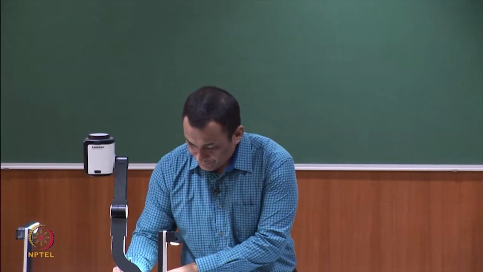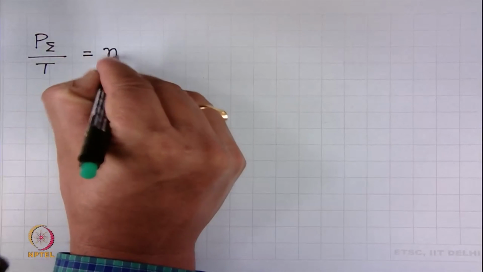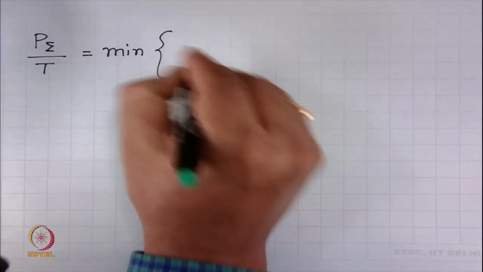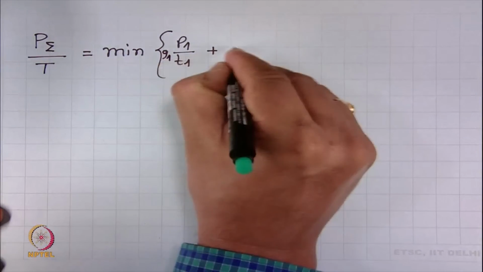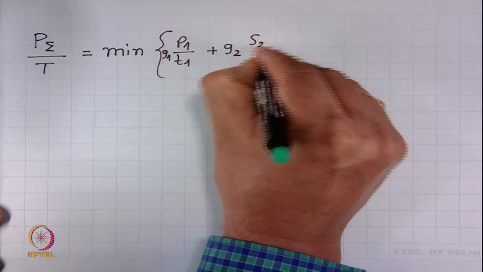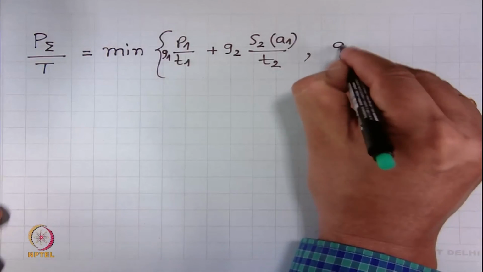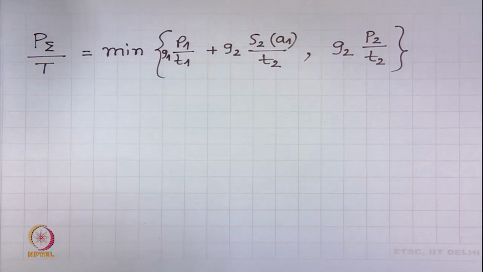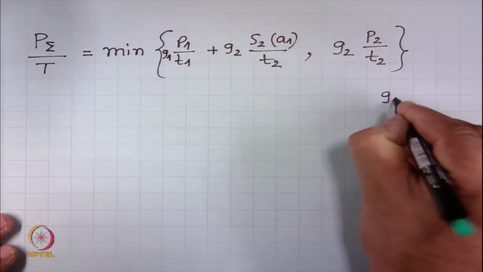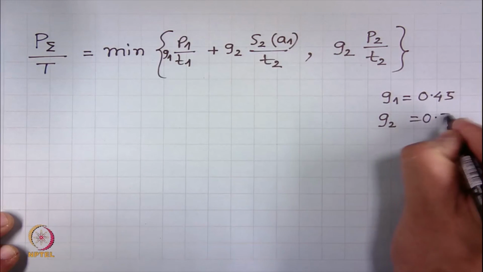As we know, bundle tenacity is the minimum of two values. Here G1 is given as 0.45 and G2 is 0.55.